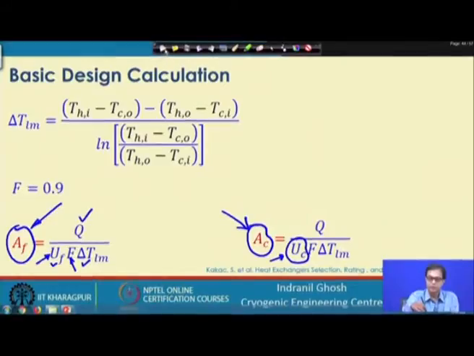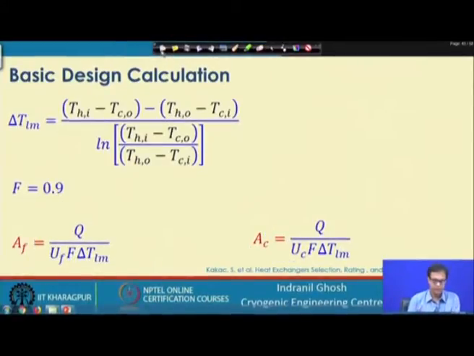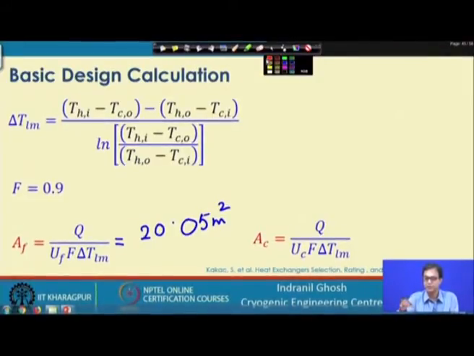Now we will estimate this, and you will find that this is coming to be 20.05 meter square, whereas the other one will come to be 15 point, if you put all these values, meter square.